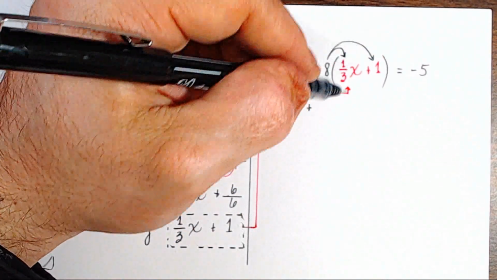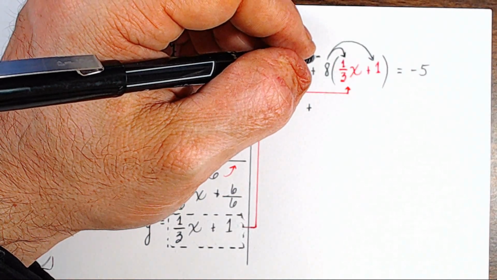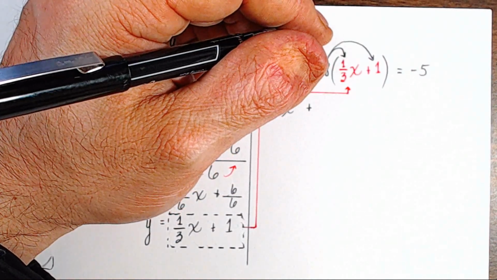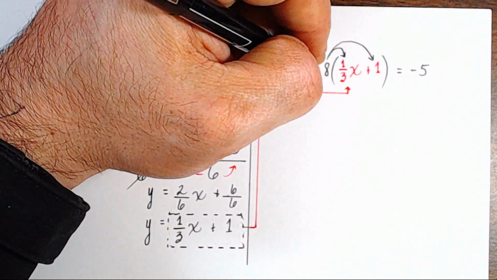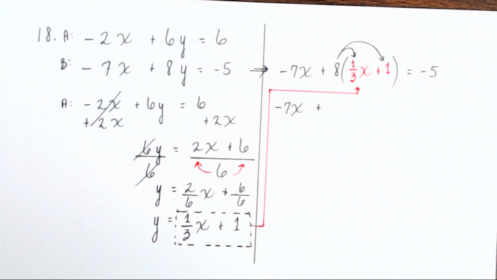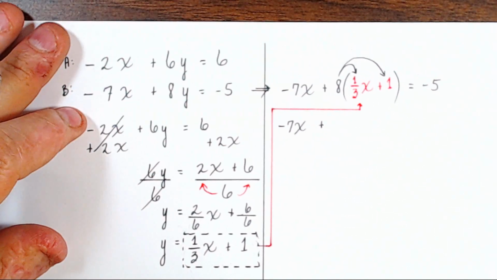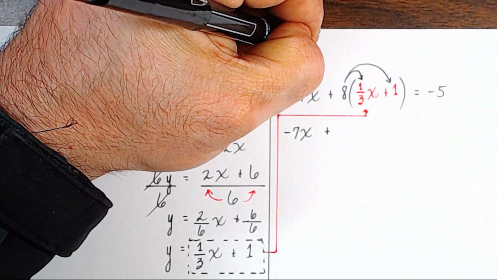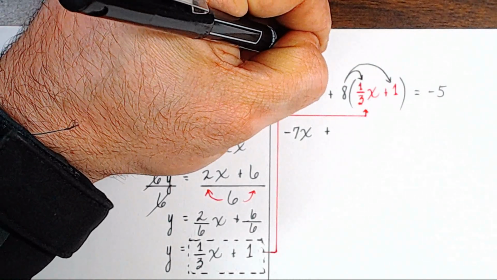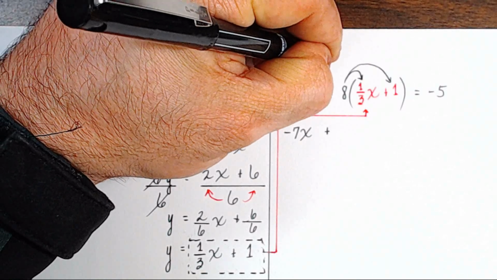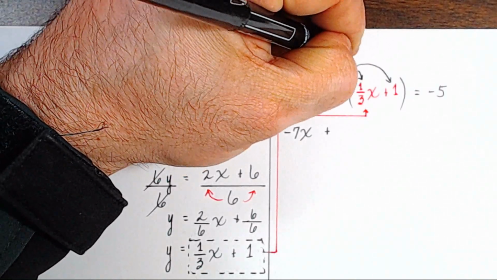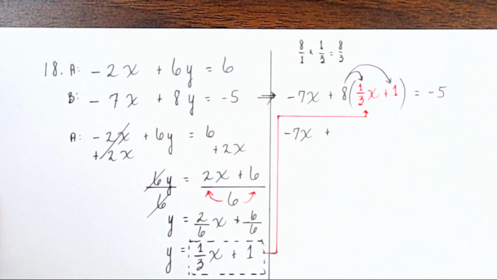So what is 8 times 1/3? 8 over 1 times 1 over 3 equals 8 over 3. Now that is 2 2/3. Right? I just put math into this.